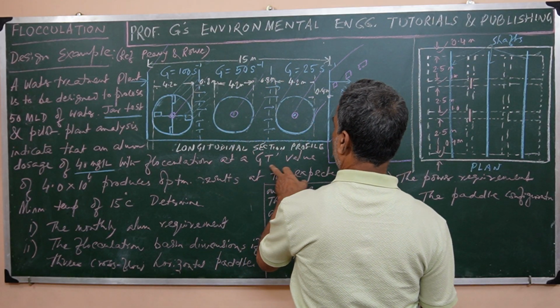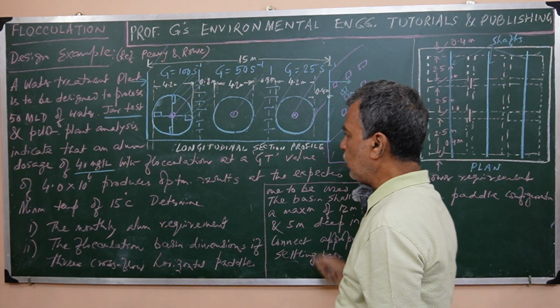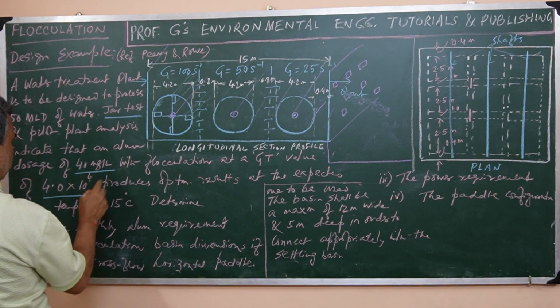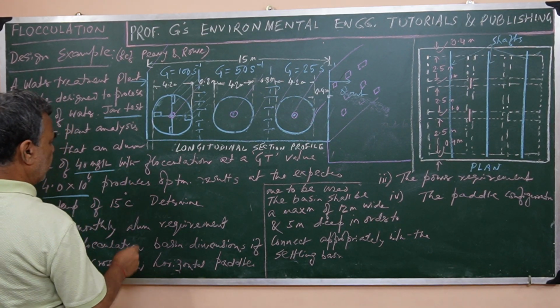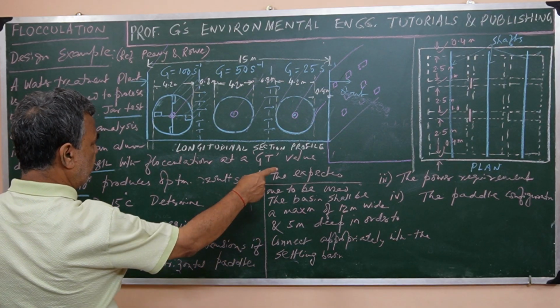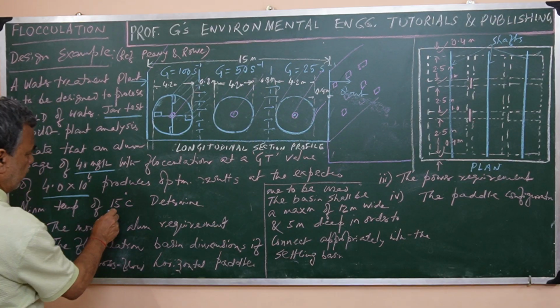This GT value we have already discussed in our previous lecture session, and for alum it is given as 4 to 6 into 10 to the power 4 or so, which produces optimum results at the expected minimum temperature of 5 degrees centigrade.